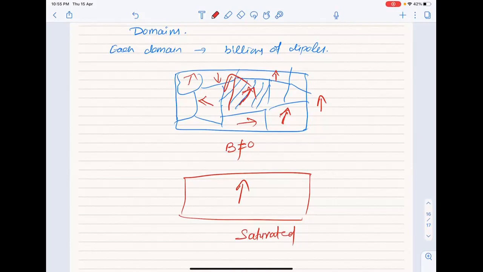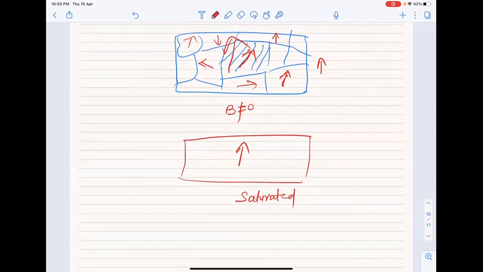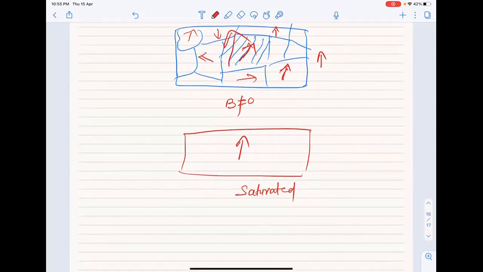Now you gradually reduce the field or turn off the field. So what happens? Do you expect them to come back to the original state? Actually, no. When you turn off the field, they don't entirely reverse, in the sense that some alignments will be destroyed, but not entirely, which means there will be a residual or remnant magnetization.